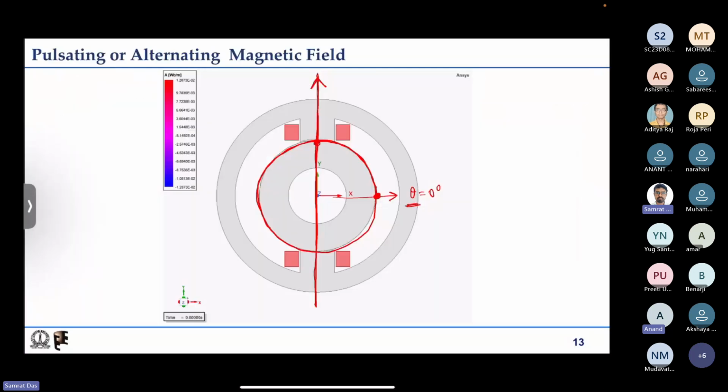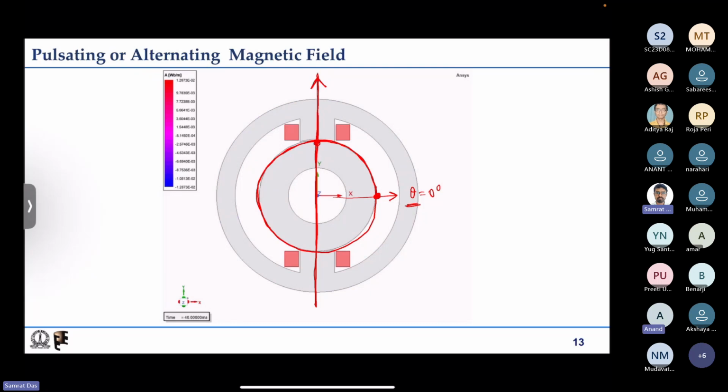We were just seeing the scenarios, right? Now if we are injecting sinusoidal current, then we can see that the field axis does not change, but it pulsates, it reverses, it flips.